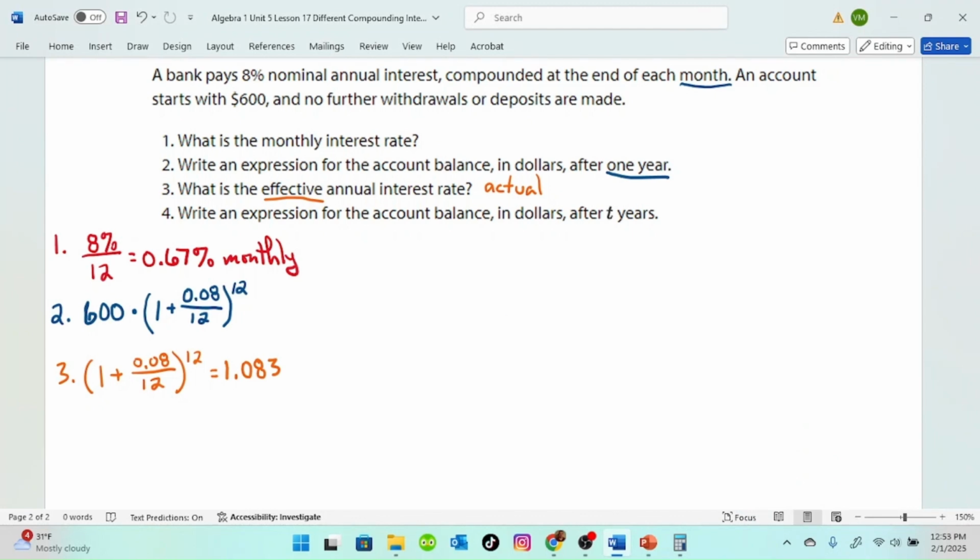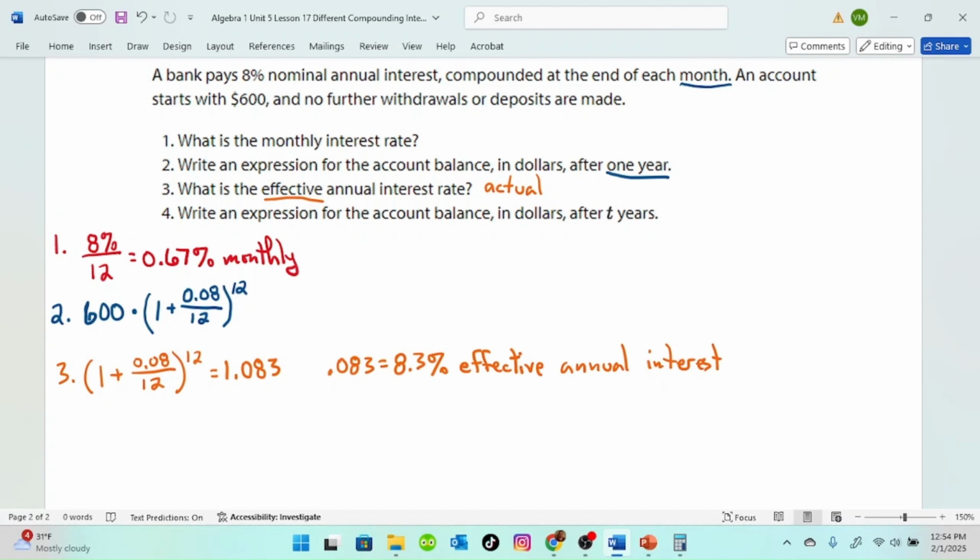So the 1 represents maintaining the current amount. The 0.083 equals 8.3% effective annual interest.